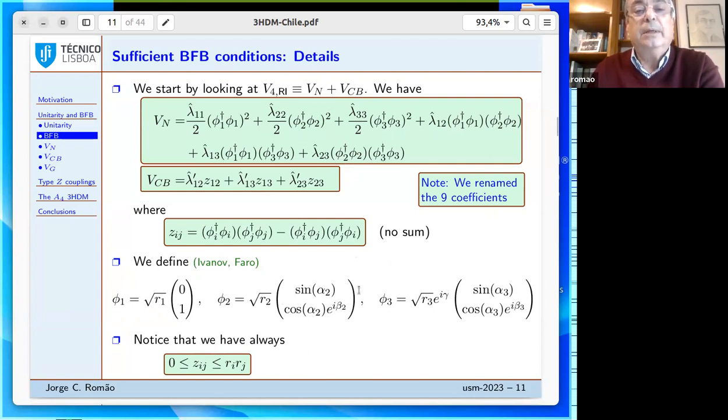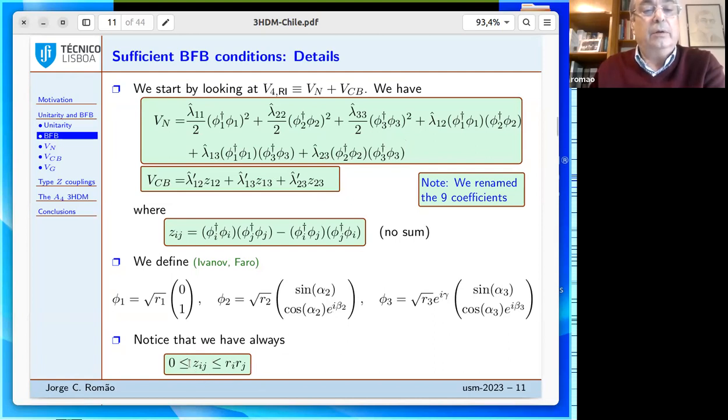The first part does not depend on alpha 2 and alpha 3, which means it doesn't depend on the charge breaking directions. That's why we call it neutral, while the VCB depends on alpha 2 and alpha 3, so it is along these charge breaking directions.